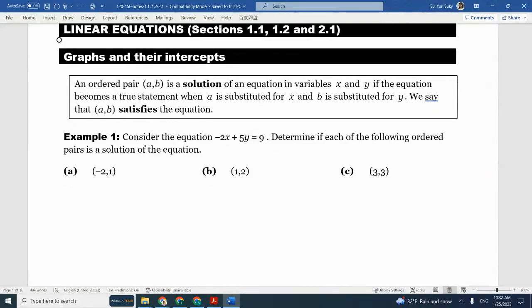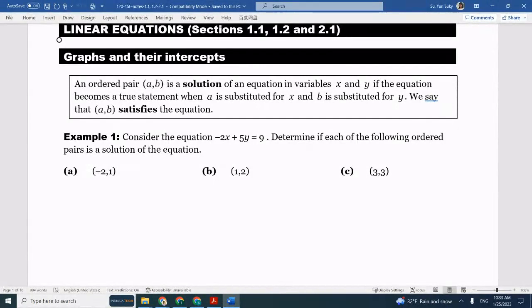Okay. Graphs and their intercepts. An ordered pair (a, b) is a solution of an equation in variables x and y if the equation becomes a true statement when a is substituted for x and b is substituted for y. We say (a, b) satisfies the equation.